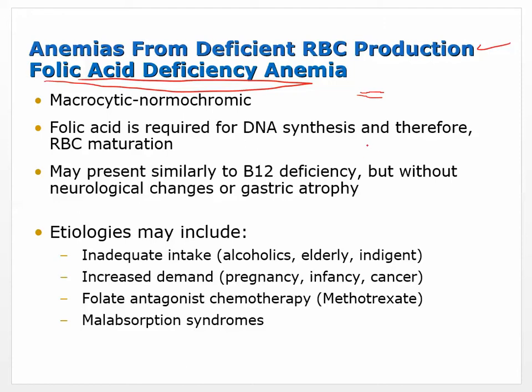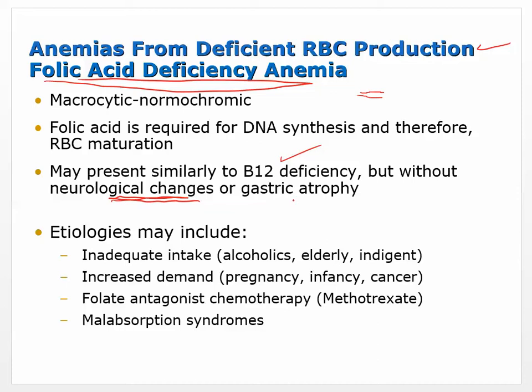This is why it's important for a new mother or pregnant woman to have folic acid. A lot of times they give folic acid supplements because it's so important in DNA synthesis. So it may present similarly to B12 deficiency, but it doesn't have those neurological changes.